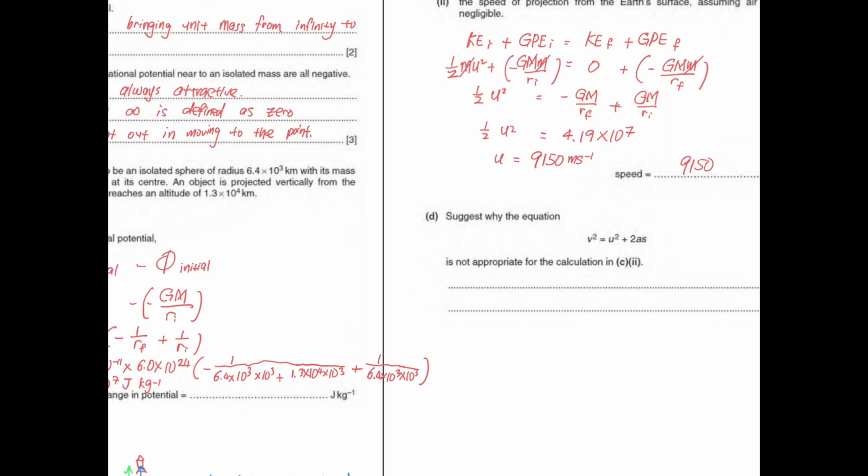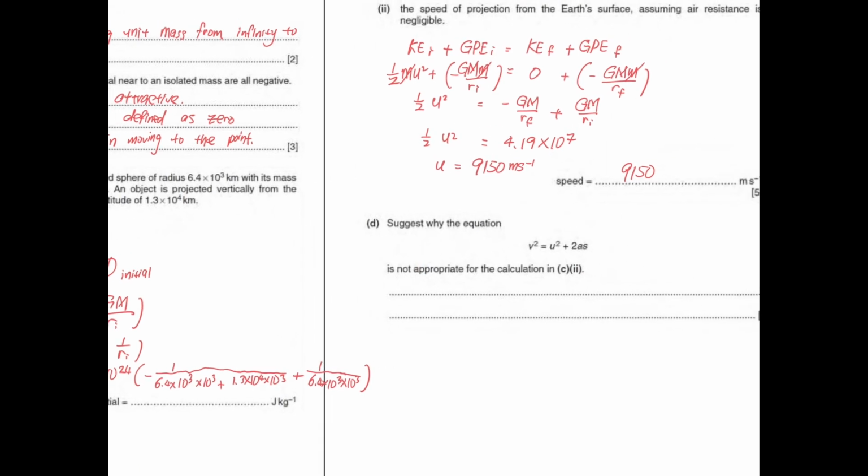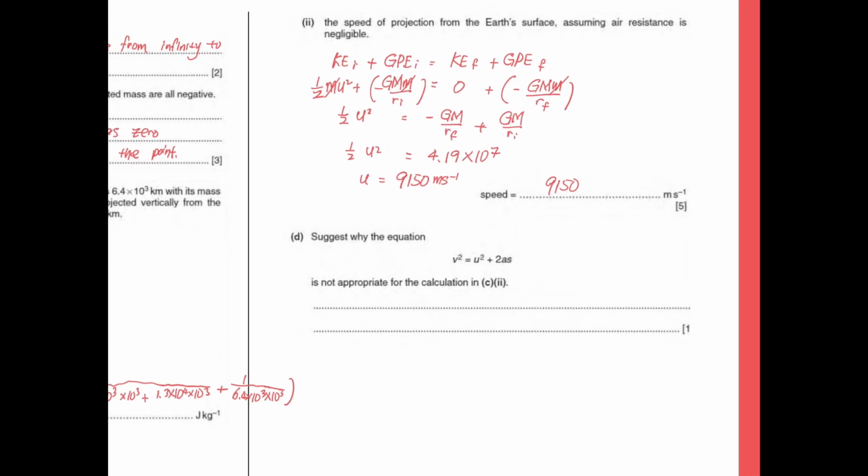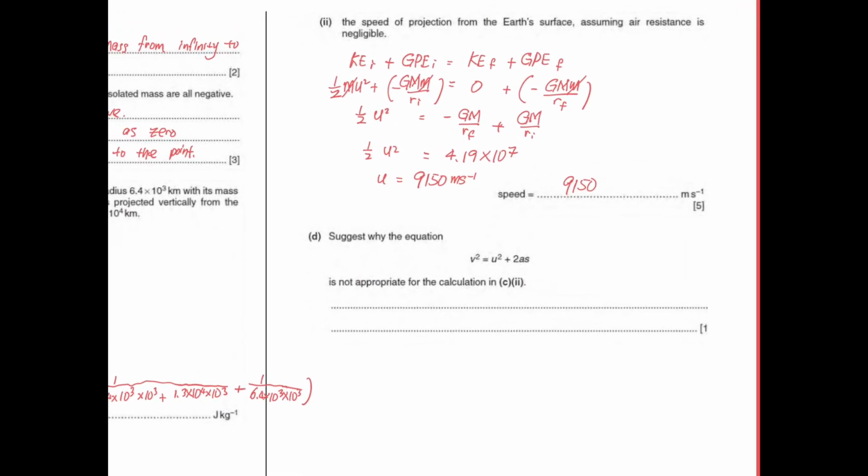Okay, now D. The equation v squared equals u squared plus 2as is not appropriate for the calculation in C part 2. In C part 2, we use conservation of energy to count. So we need to know why this formula is not suitable.